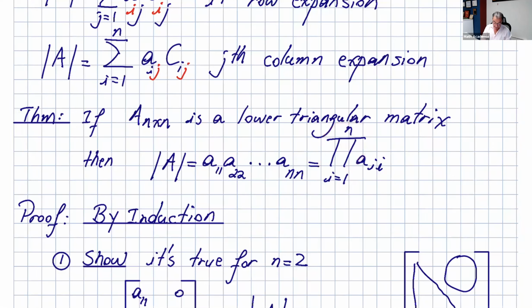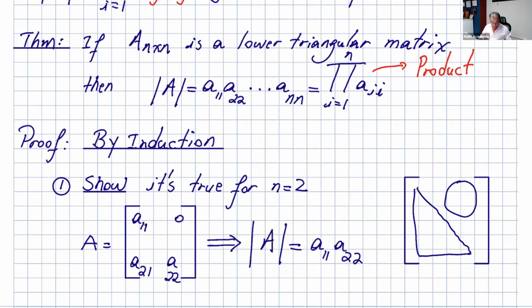So basically you take all the entries in the diagonal and you multiply them, and that's going to give you the determinant of that matrix. So a fast way of finding the determinant.